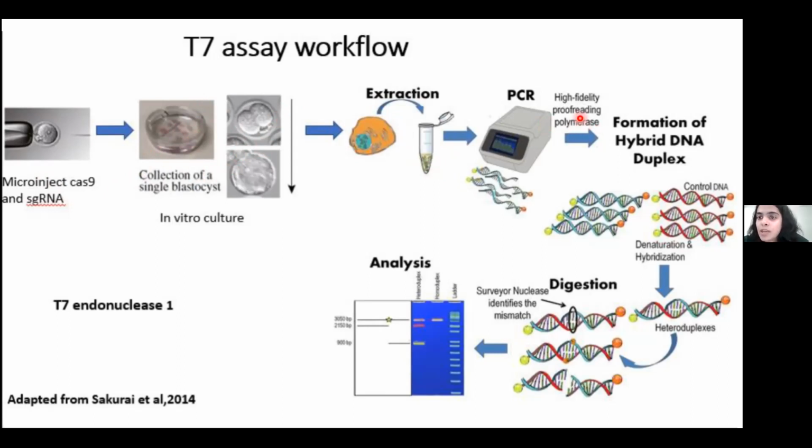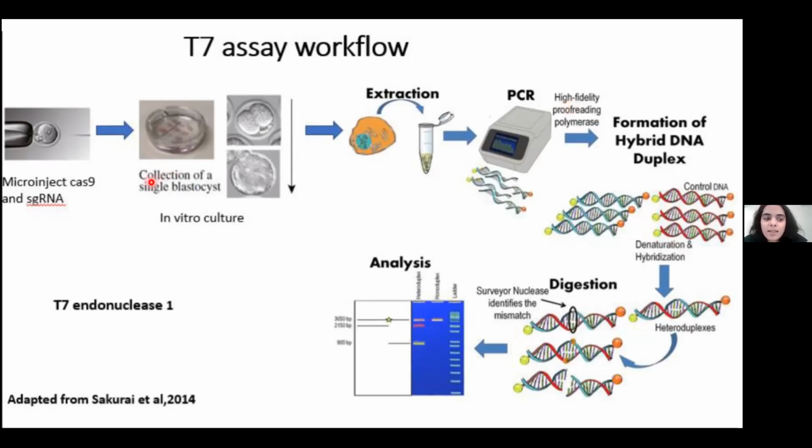So then you heat up this DNA sample so that the duplexes unwind and separate out, and then you cool the sample so that they come back together randomly. That allows formation of heteroduplexes.